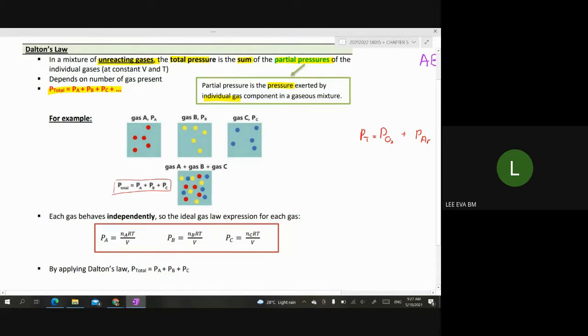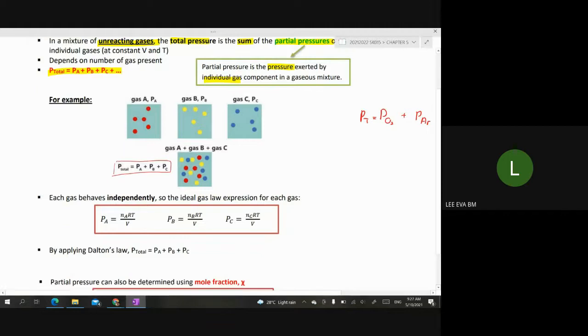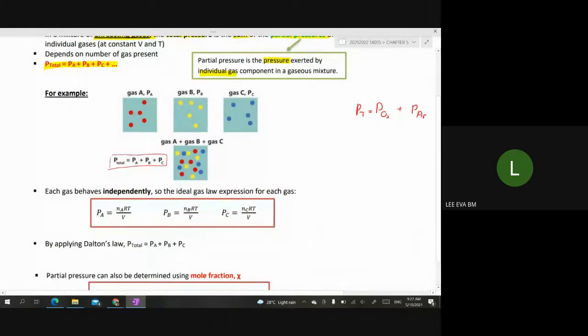A cannot react with B, B cannot react with C. There is no reaction at all. Only then can you apply Dalton's law. If there is a reaction, like what you used previously, like CuO with H2, then that one applies the ideal gas law, Boyle's law, Charles' law, okay, no problem. Dalton's law is for unreacting gases only.